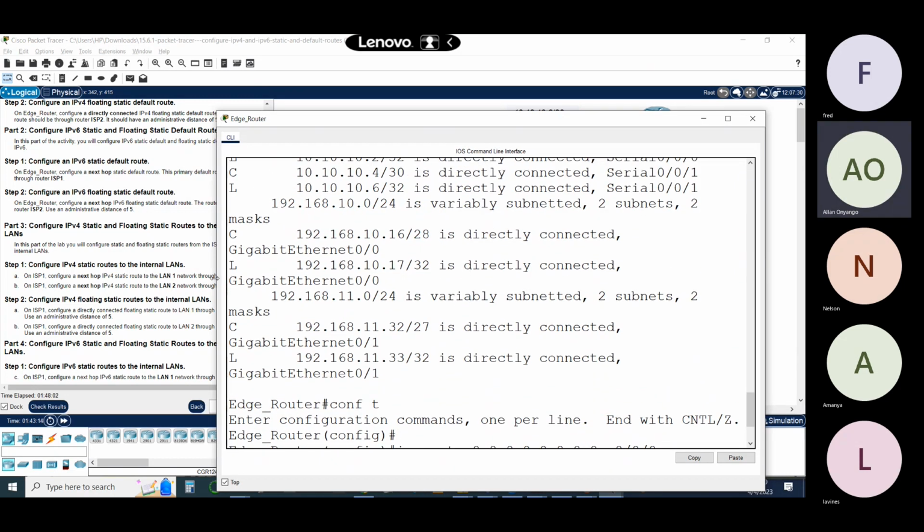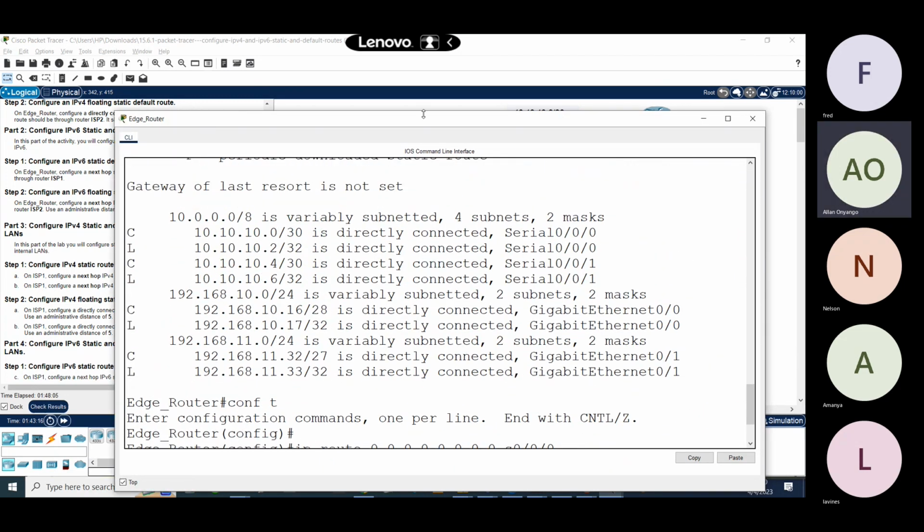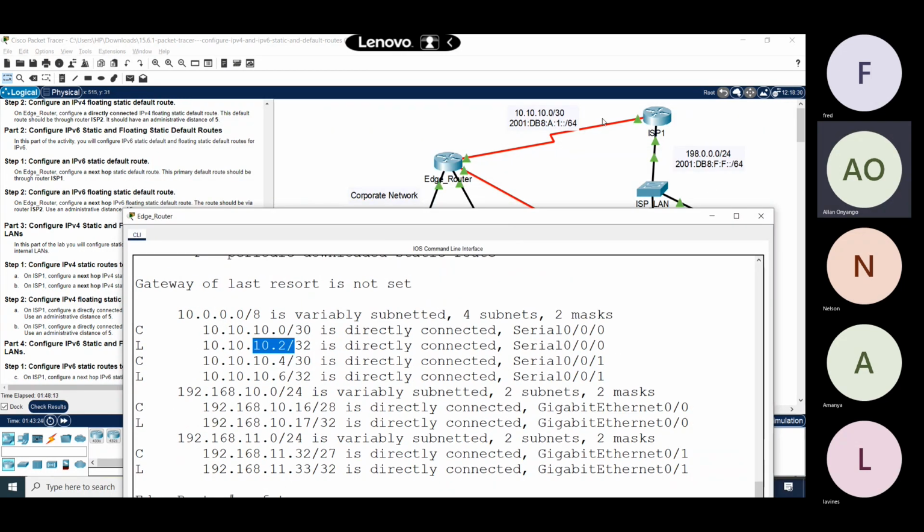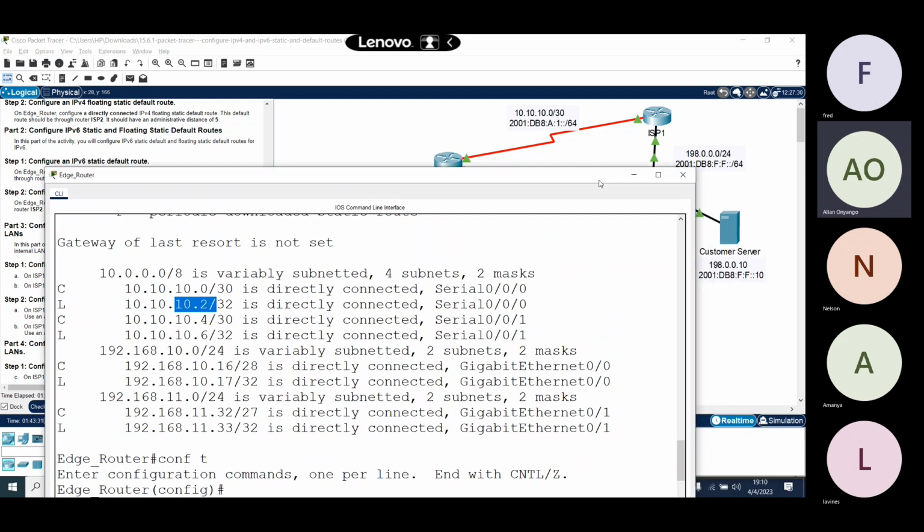It could be here. Since we're talking about 10.10.10.0, the IP will be 10.10.10.2. So this network being shared between ISP1 and the edge router, the interface will actually be 10.10.10.2 on the side of the edge router, and we're going to need that.